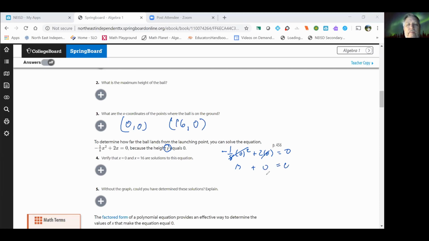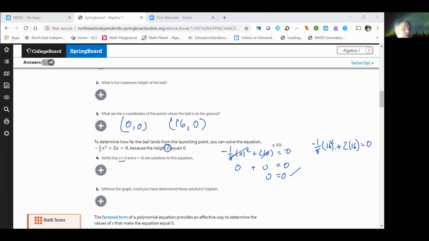So 0 equals 0, which verifies that x equals 0 works. Now x equals 16: that's -1/8 times 16 squared plus 2 times 16, and that should equal 0.